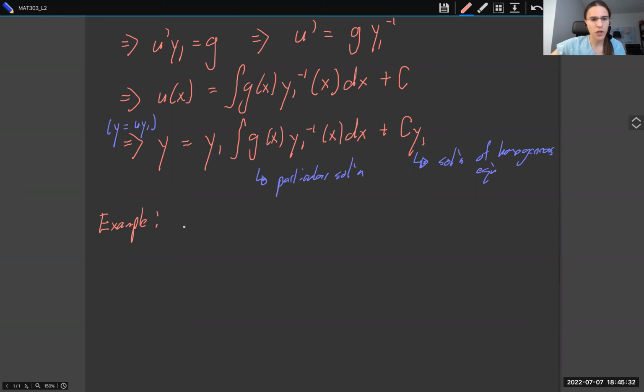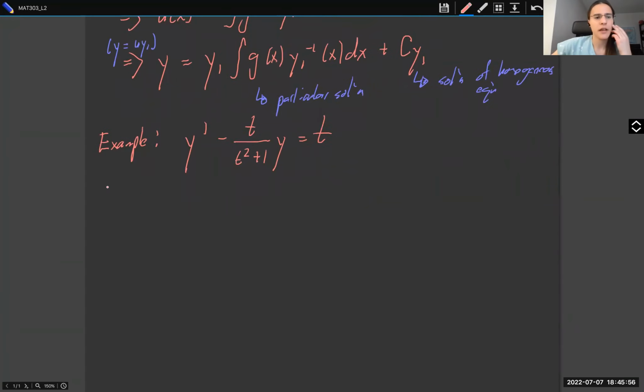So consider the equation y prime minus, and let's say it's a function of t instead of a function of x, for diversity. We're going to use the method of variation of parameters.